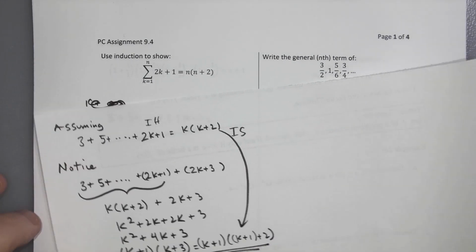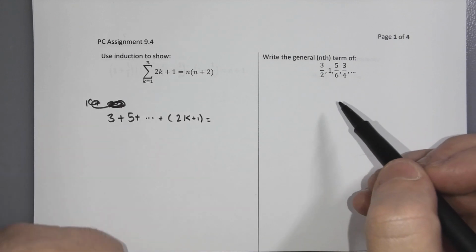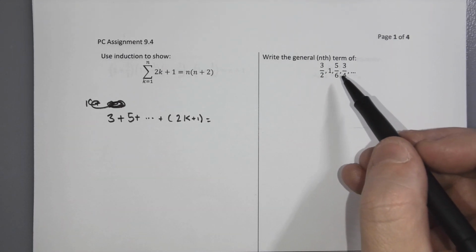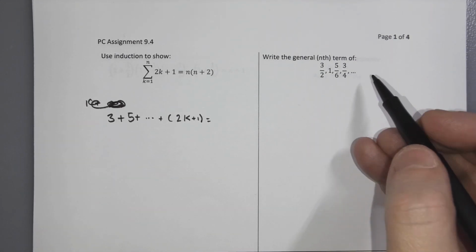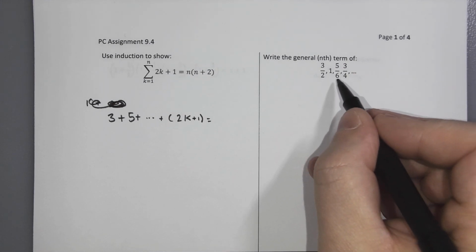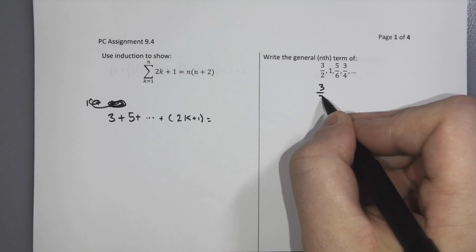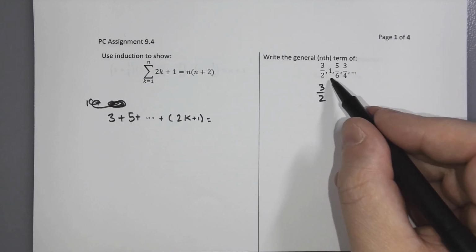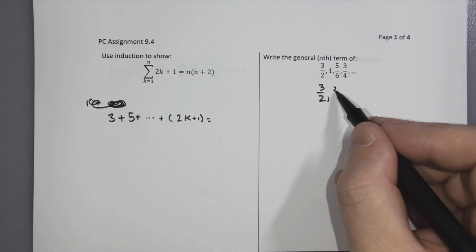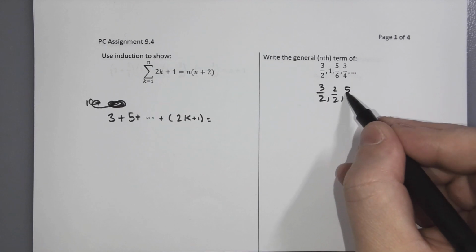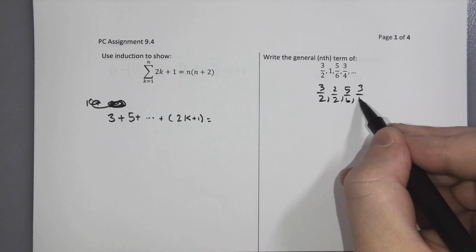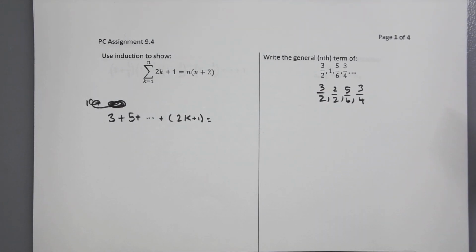Okay, so that's the top left corner. In the top right corner, write the general nth term of this sequence. So let's see, what do we have on the bottom? They're not written conveniently. Let me try to write this as 3 over 2, and then maybe 2 over 2, 5 over 6, 3 over 4. Now that's not very useful either. Can we see anything strategic here?